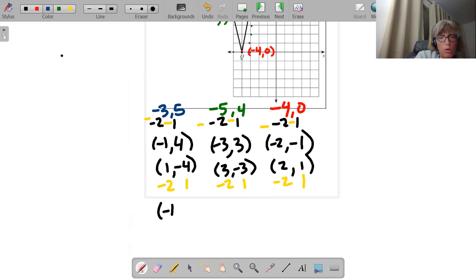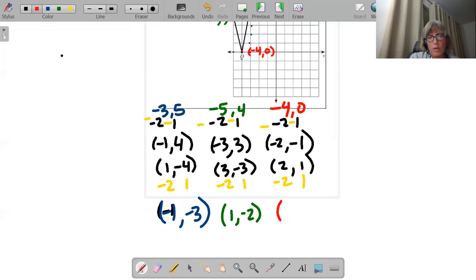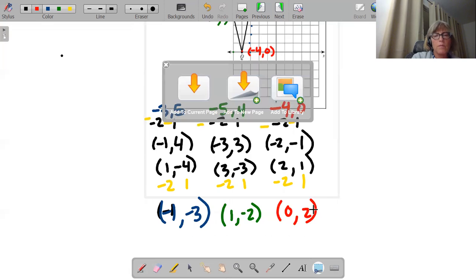We're now back to our original. And -4 plus 1 is -3. You add -2, so that's -2 on the other. Adding the -2, that's 0, and that's 2. Now let's take these points.